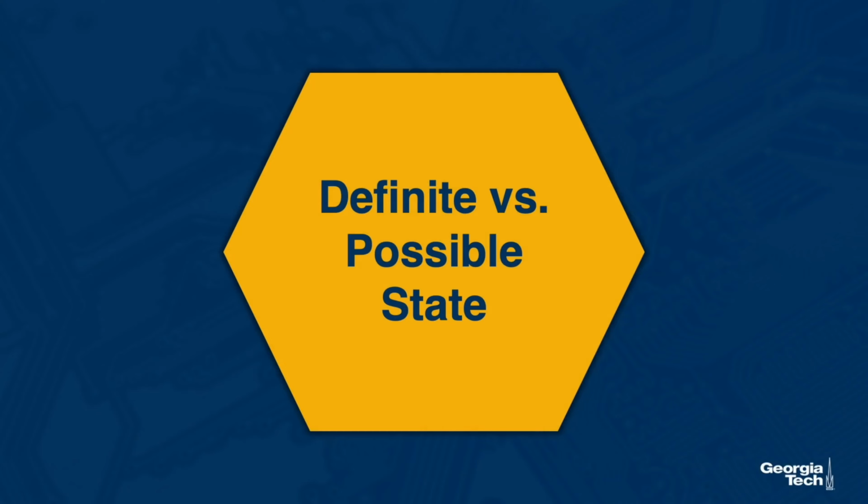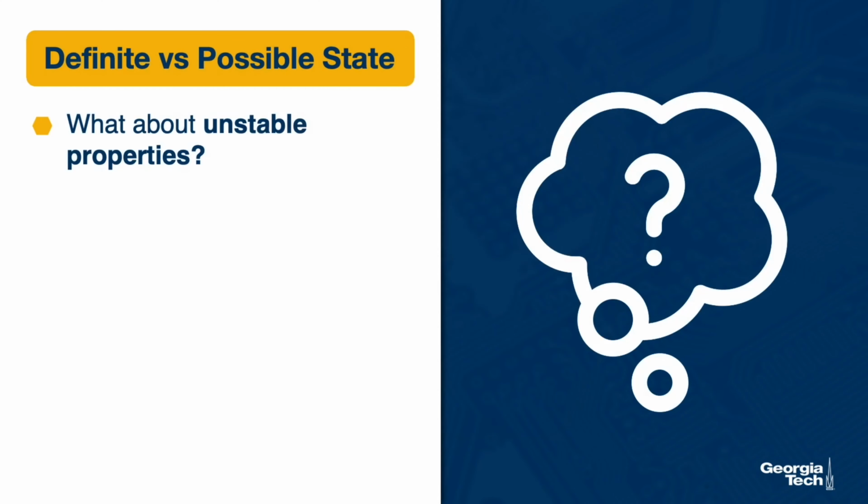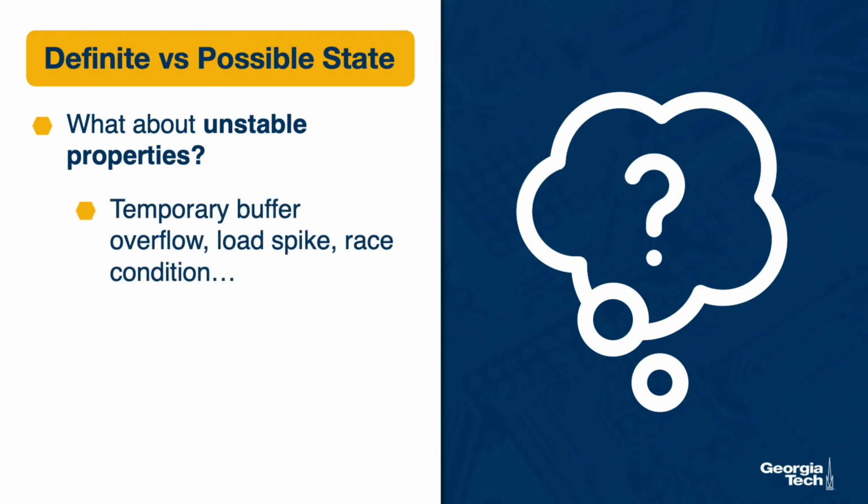Now, there are also unstable properties that are important. An unstable property is a property for which there is no guarantee that once it becomes true, it remains true forever. For instance, buffer overflow is a temporary property. A race condition is a temporary property. What can we do about these unstable properties? We're capturing the state of the system S star.